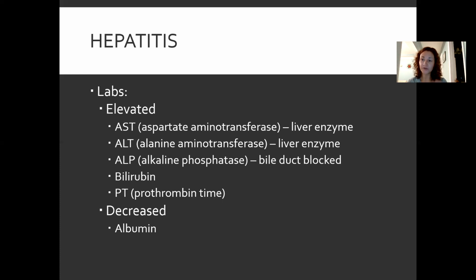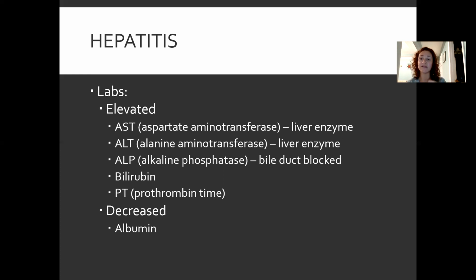And then they're not producing clotting factors. If they're not producing that prothrombin and fibrinogen, because the liver is injured and not working, it's inflamed and sick, then our prothrombin time, our PT and even PTT, are going to be prolonged. So they're going to be elevated.